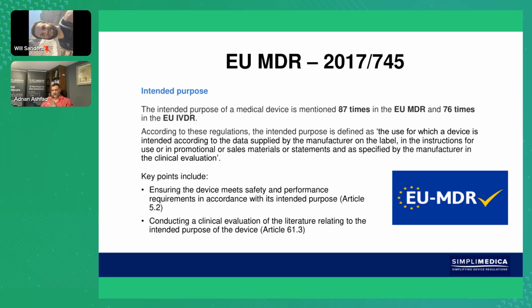The EU MDR says the definition of the intended purpose is the use for which a device is intended according to the data supplied by the manufacturer on the label and instructions for use, or in promotional or sales materials or statements, and as specified by the manufacturer in the clinical evaluation.